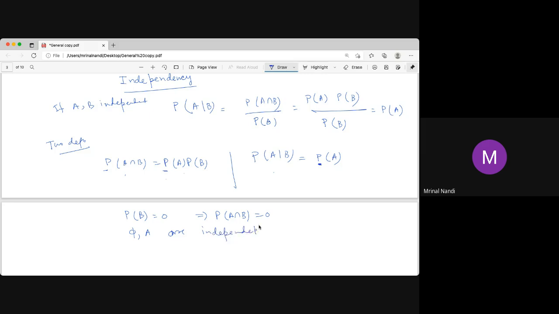But independent by definition 1. So this is definition 1 and this is definition 2. You can't say by definition 2 that it is independent, because in that case A given phi is not defined.